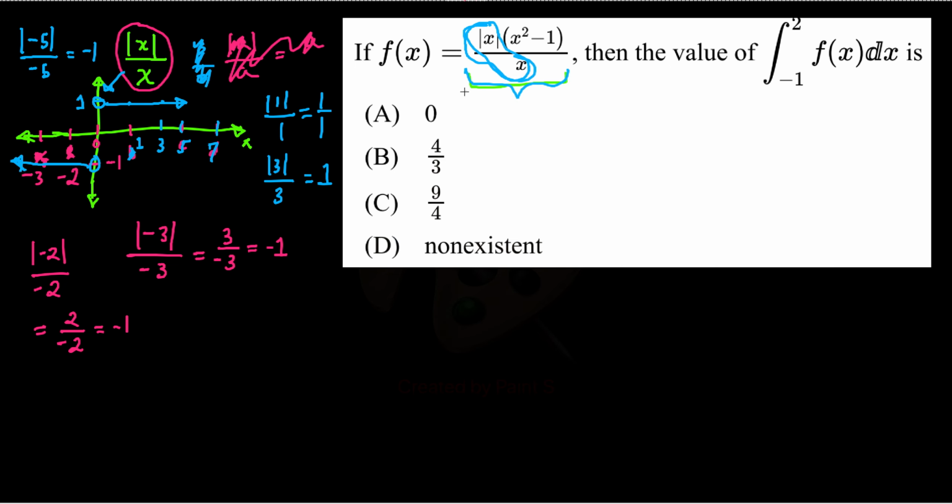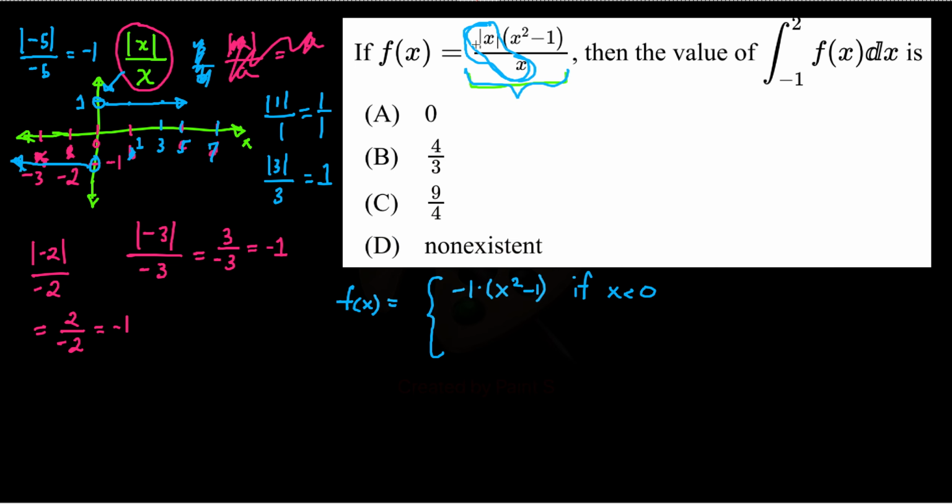So there's a way to rewrite this entire function that's going to help us out. We could rewrite f of x as a piecewise function, where to start, this absolute value of x over x is just going to be -1 times x squared minus 1, and this is if x is less than 0.